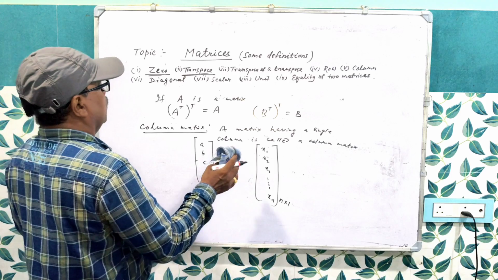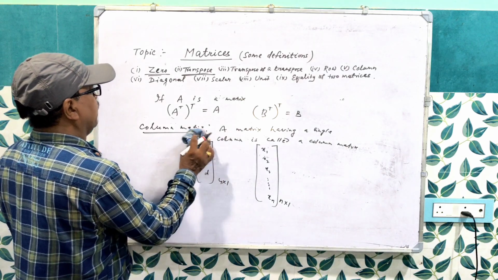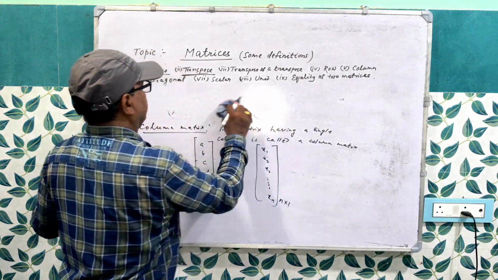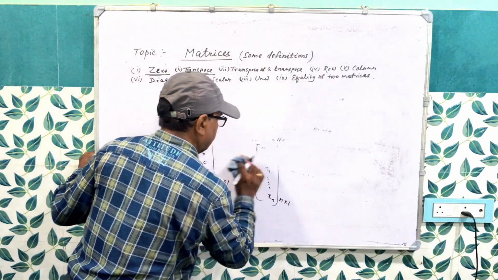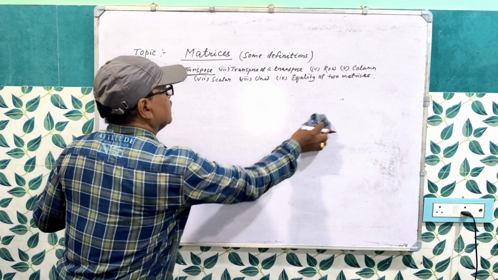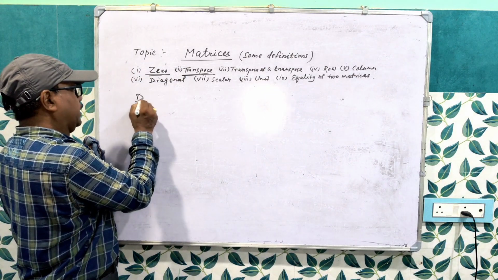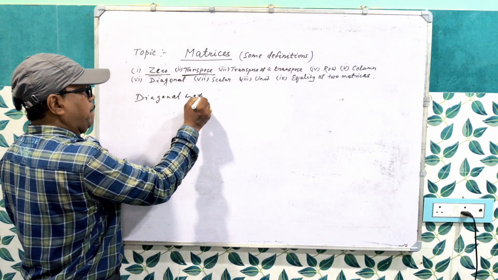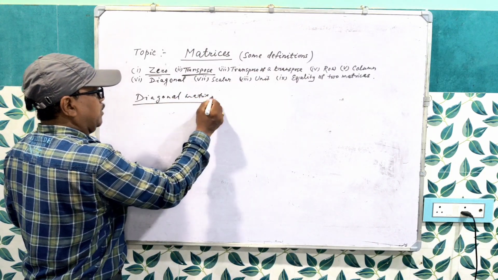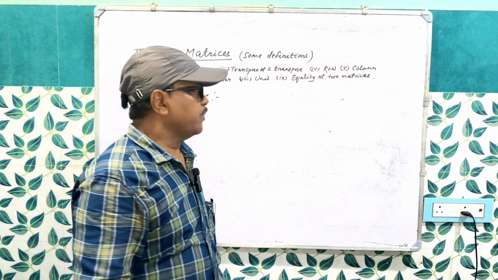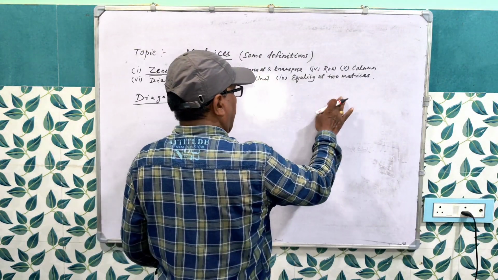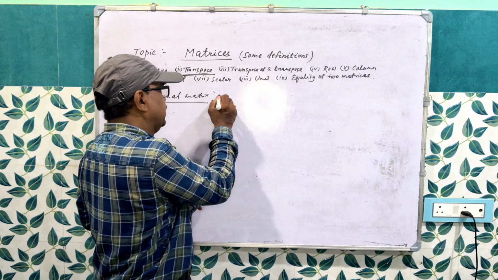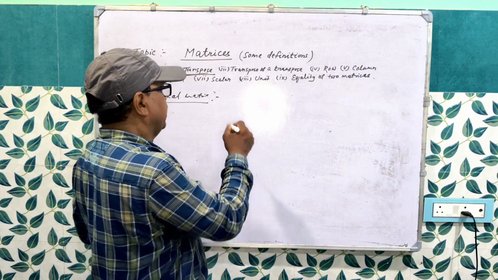Now we are going to discuss the diagonal matrix. What is a diagonal matrix? A diagonal matrix is a square matrix.